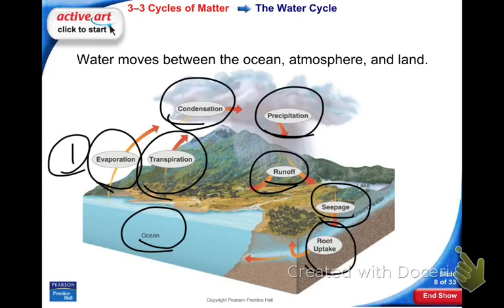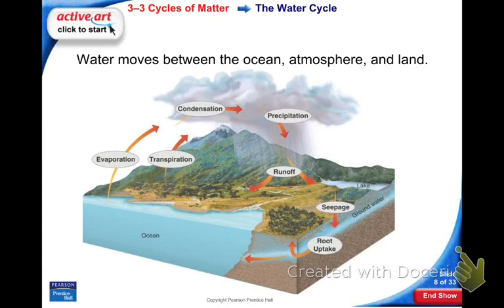It's water actually dripping off of the leaves of plants. So when water evaporates from a leaf, that's transpiration. And hopefully you remember when we did photosynthesis, we looked at the layers of a leaf, the spongy layer with all the holes, and those little guard cells and the stomata, the openings on the bottom side of the leaf. That's where the water transpires from.